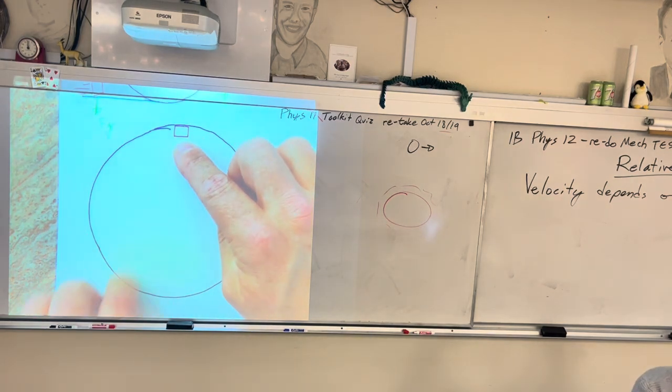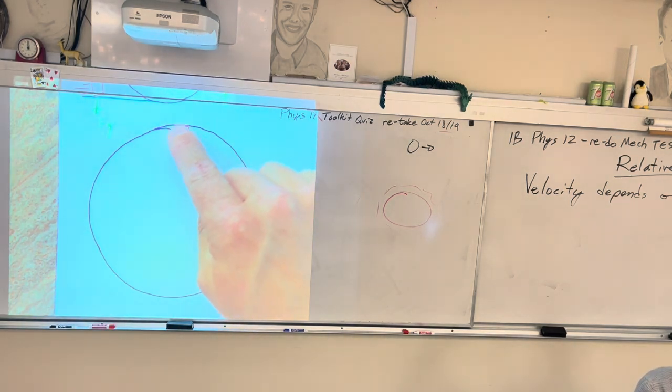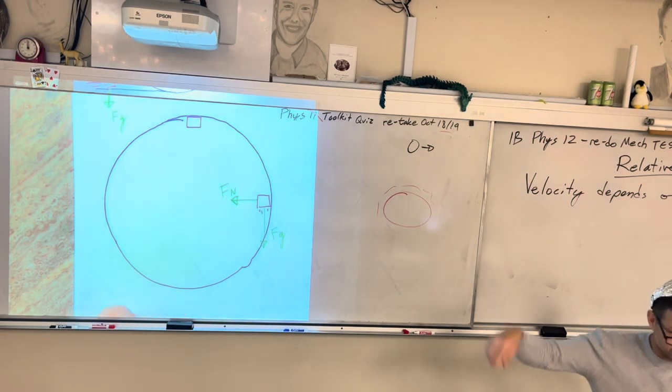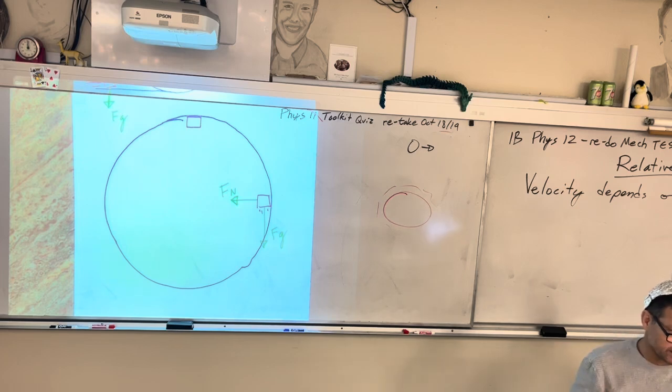So if we come off this track, we're not gonna come back up and hit here and go around, right? This is gonna be like one of those TikTok videos where the guy's trying to do the loop-de-loop and it falls. And you're gonna fall until you hit something coming back around here. So you're gonna come off and you're gonna case it on the bottom of the ramp, right? It's gonna be bad. So if we wanna just make it around, we can't come off the ramp.